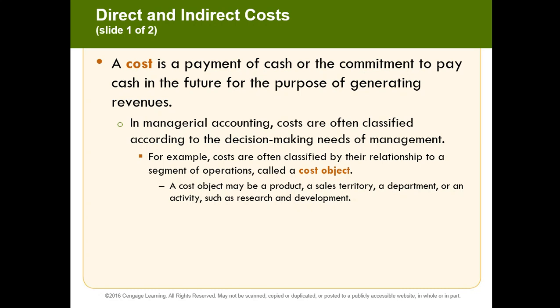A lot of raw materials, a lot of labor, and the cost of our facility. All of those things have to be incorporated into the cost of that product so that we can put a price tag on it. That's the hardest part of managerial accounting, is figuring out our cost.